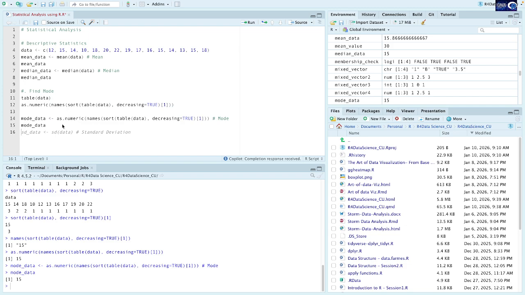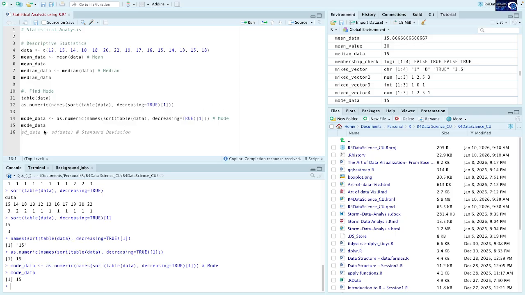Now, a couple of you might think why there is no direct mode function. R does not have a built-in statistical function for mode because mode can be ambiguous. R has a mode function, but it has a different technical purpose related to storage of objects. There are a couple of reasons R doesn't have a direct mode function.